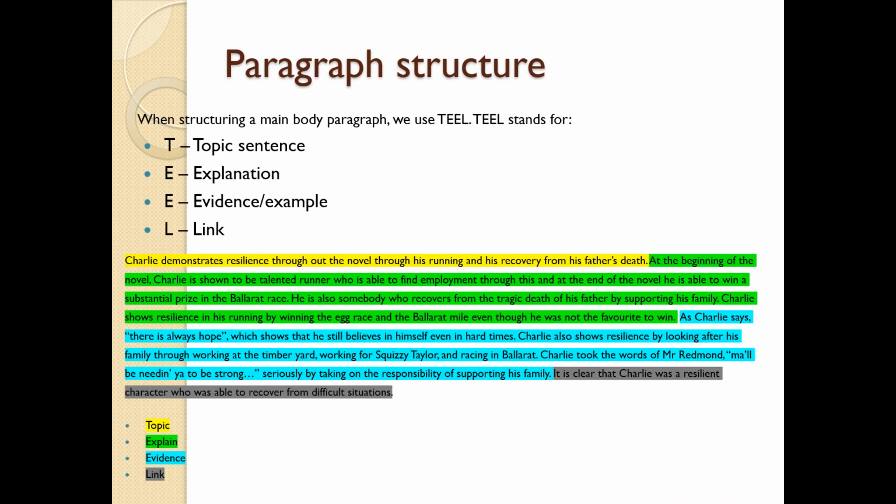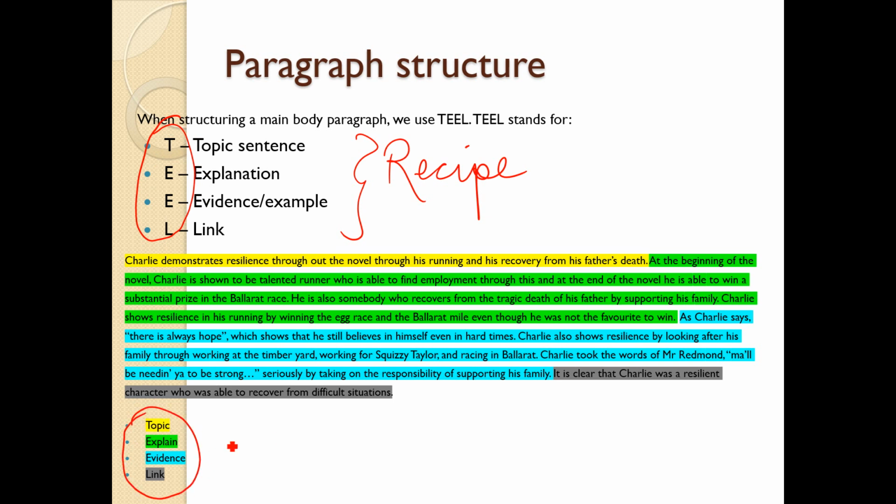This is an example of a body paragraph. Again, I'm going to call it the recipe, and I'm going to ask you to try and follow the recipe. These are the things that you need to include, and we've color coded them to help you understand what it looks like. Here is the topic sentence: Charlie demonstrates resilience throughout the novel through his running and his recovery from his father's death.